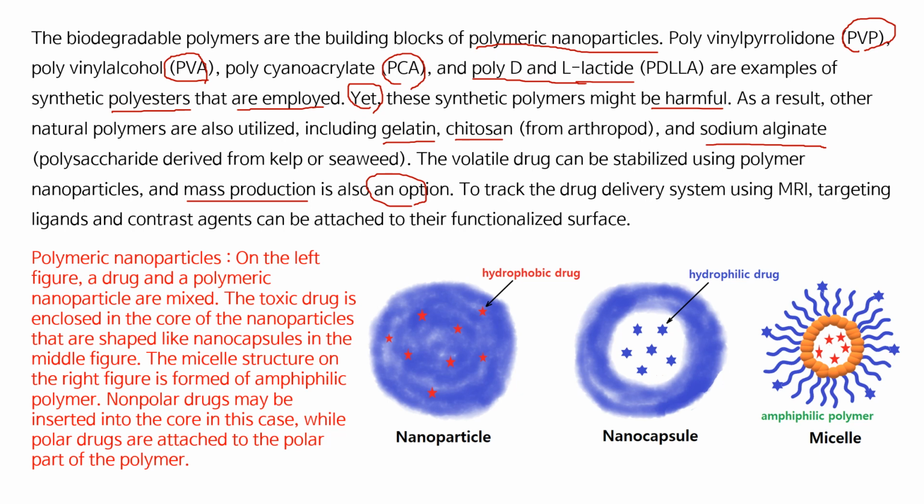To track the drug delivery system using MRI, targeting regions and the contrast agents can be attached to the functionalized surface. On the left figure, here, a drug and polymeric nanoparticle are mixed this way. The toxic drug is enclosed in the core of nanoparticles that are shaped like nanocapsules in the middle figure here.